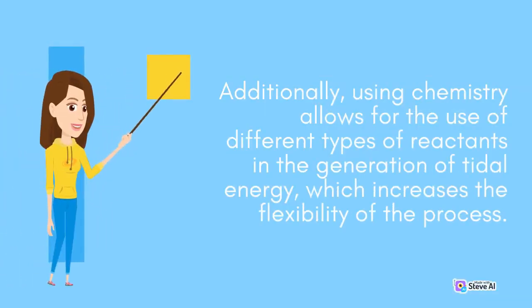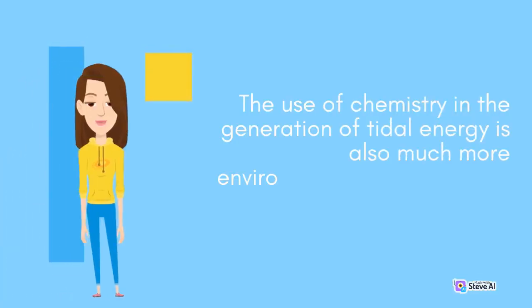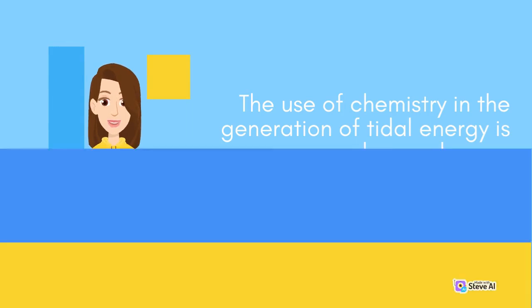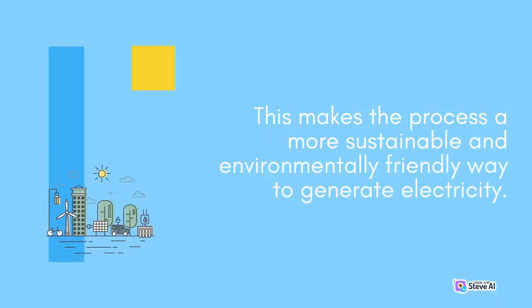Additionally, using chemistry allows for the use of different types of reactants in the generation of tidal energy, which increases the flexibility of the process. The use of chemistry in the generation of tidal energy is also much more environmentally friendly than other methods. This makes the process a more sustainable and environmentally friendly way to generate electricity.